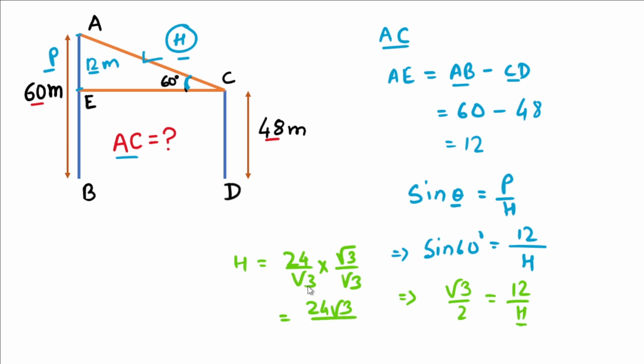In the denominator, root 3 multiplied by root 3 is 3. Three eights are 24. So the value of h, that is AC, is 8 root 3. So h is equal to 8 root 3 meters. This is the answer of this problem.